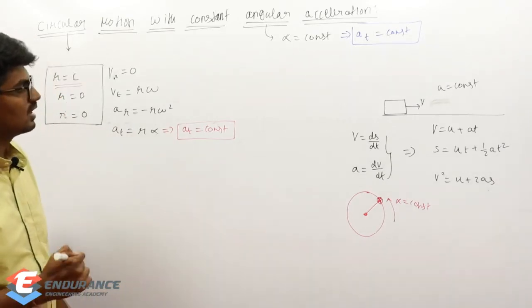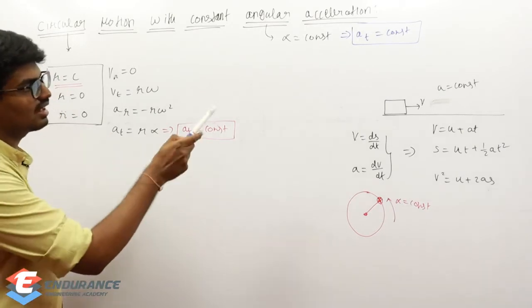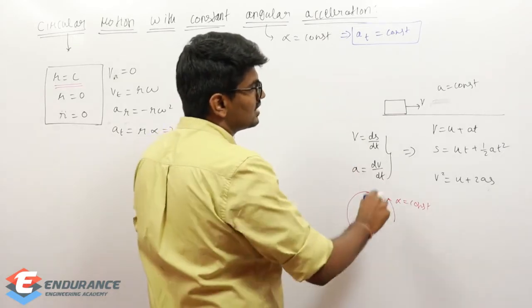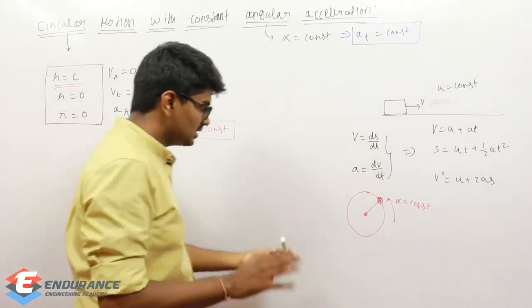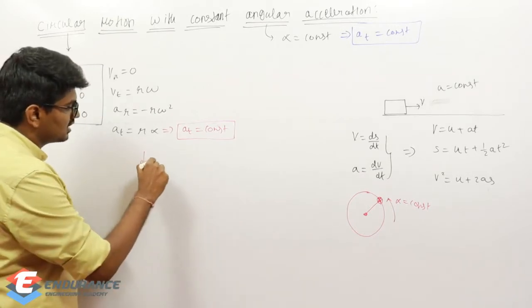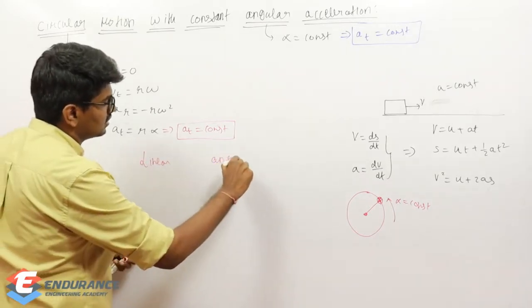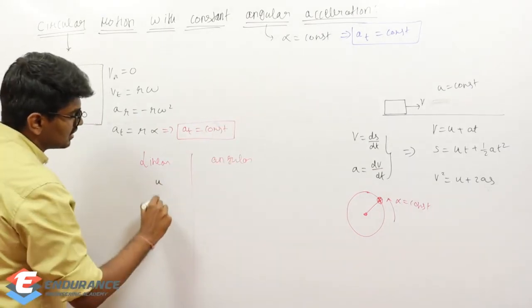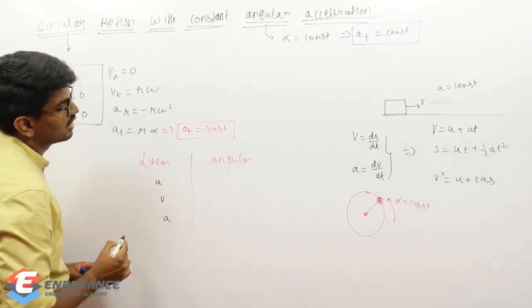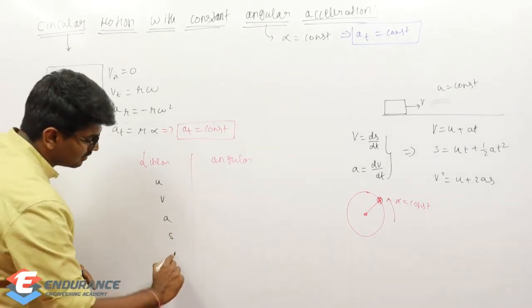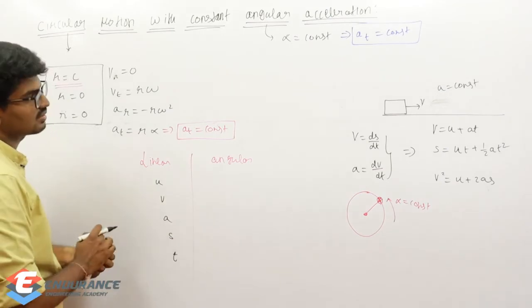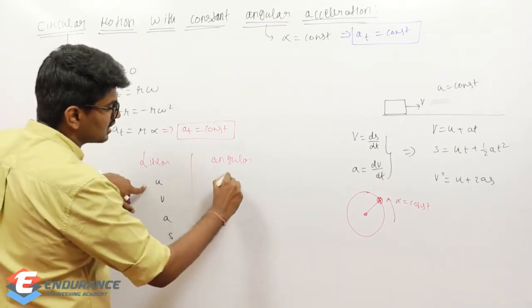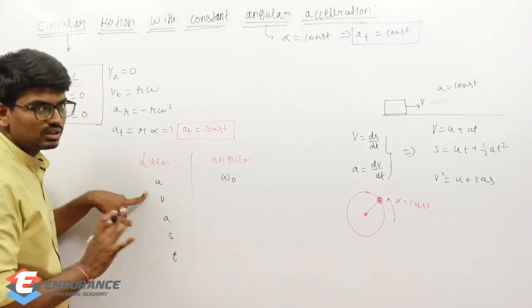Now, for the linear case, when linear acceleration is constant, by using these two equations we got these three. Similarly, let us do one small comparison between linear and angular. In linear, what are the things we have? We have initial velocity, final velocity, acceleration, displacement, and time. In the angular case, instead of initial linear velocity, let me take initial angular velocity, which is omega naught.